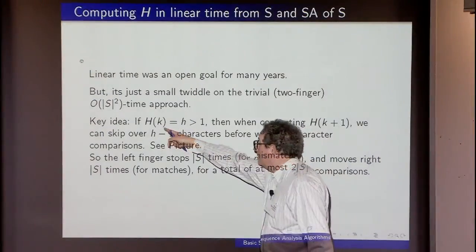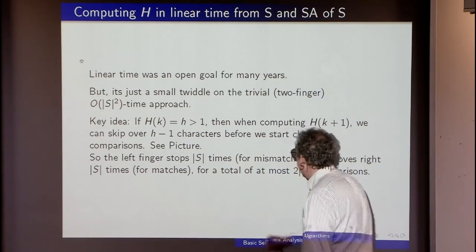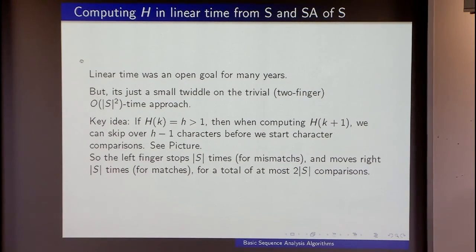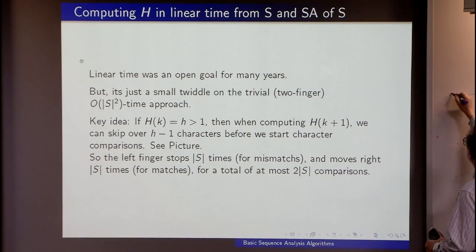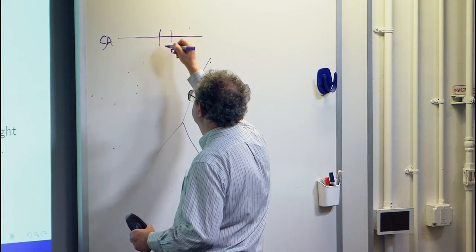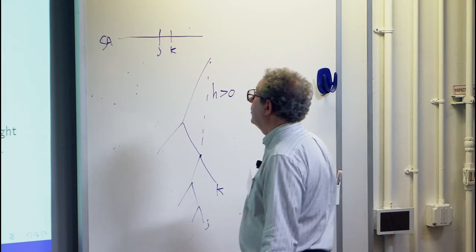H of k is equal to little h, which is bigger than 1. And I claim that then when we look at k plus 1, I didn't plan my space well. This is the suffix array. Here's k, and its predecessor is j. Now where's k plus 1?